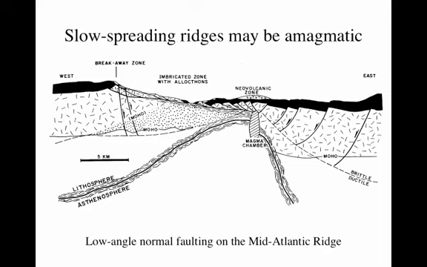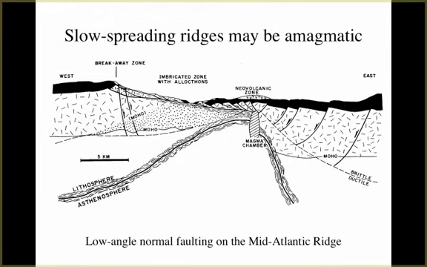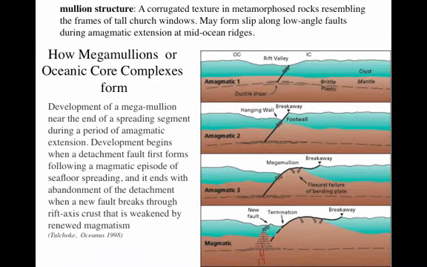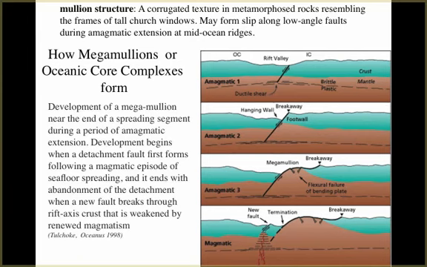Again, slow spreading ridges could be amagmatic, and the low angle normal faulting that takes place on the Mid-Atlantic Ridge can lead to exhumation of lower crustal rocks. These can develop into mullions or megamullions. A mullion is a structure that has a corrugated texture. It's in metamorphic rocks and resembles the frames of tall church windows.